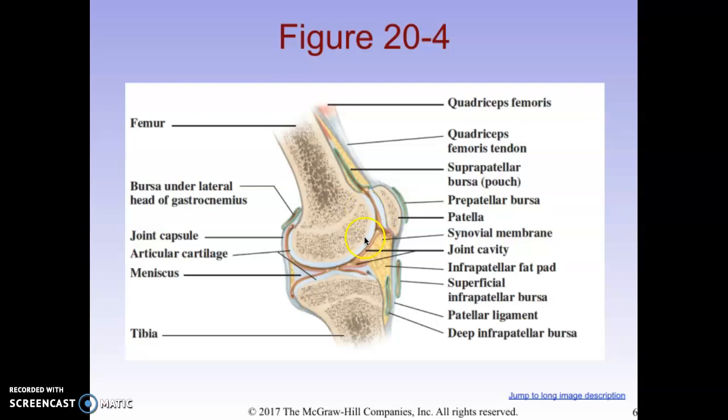If you think about, and if you haven't taken physics, this might not make as much sense, but to create a bigger torque or a bigger force, you want to have a bigger fulcrum. And so if the quad tendon came straight through here, straight into the patellar tendon and down, there would not be very much distance from the center of the joint to that tendon.